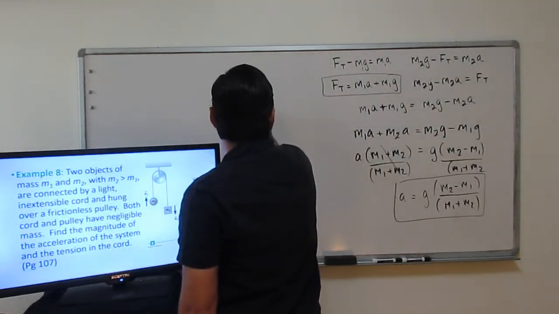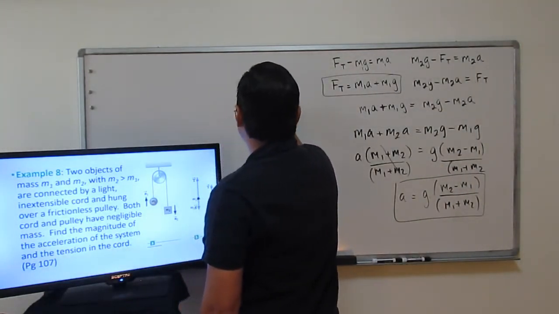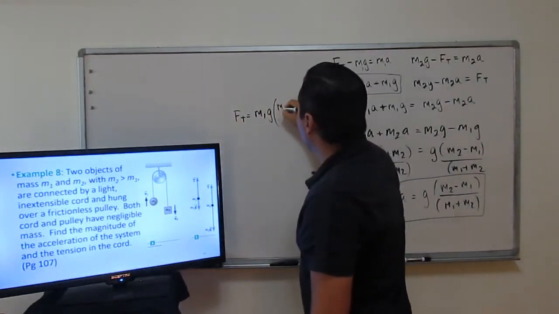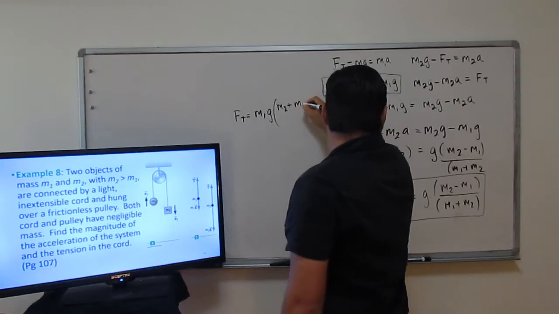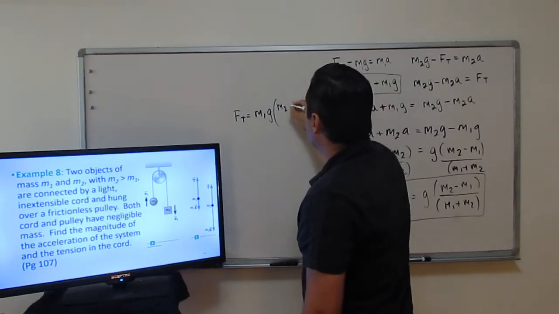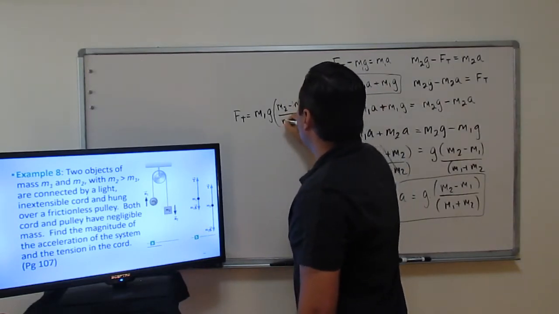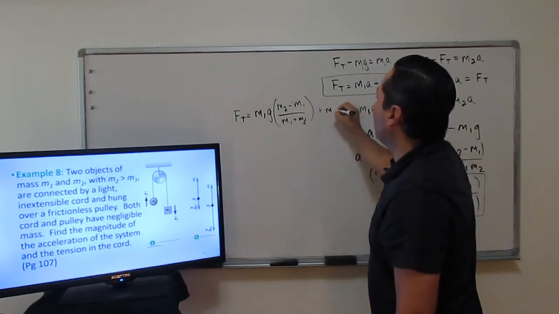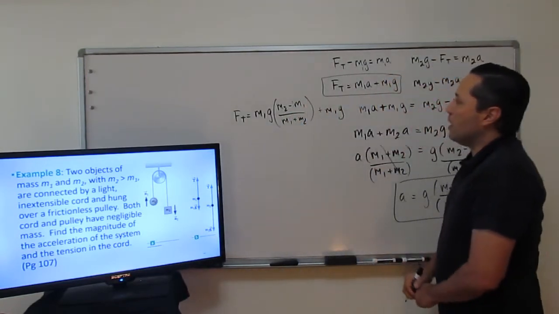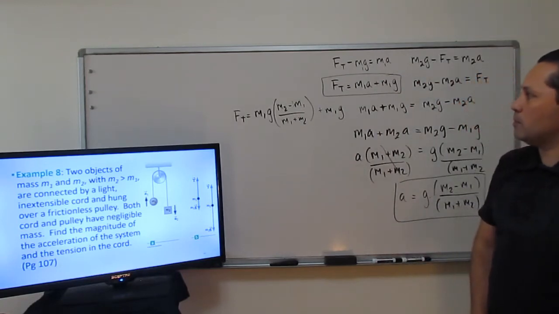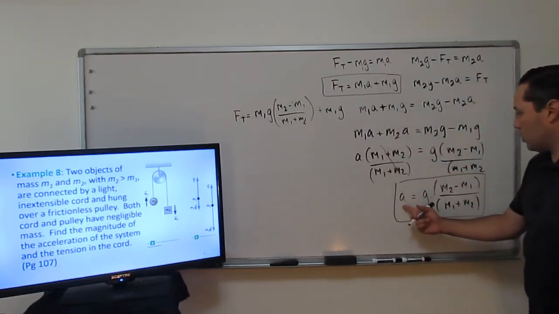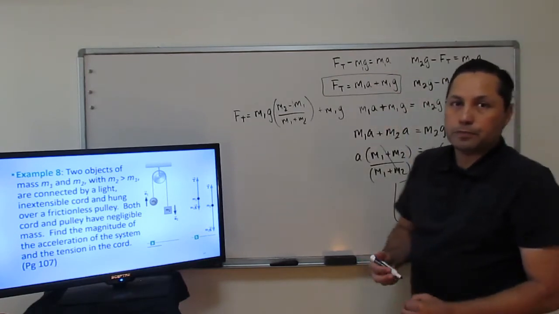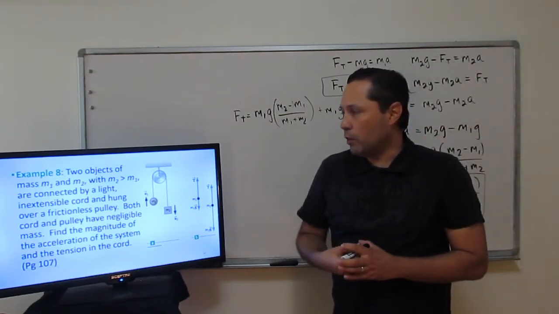So force tension equals mass 1, multiplied times G, M2 minus M1, pardon me, that's a minus, over M1 plus M2, plus M1 times G, and that will give you the answer for the tension. Again, all we did was substitute the right side of A there, and that will do for this problem.